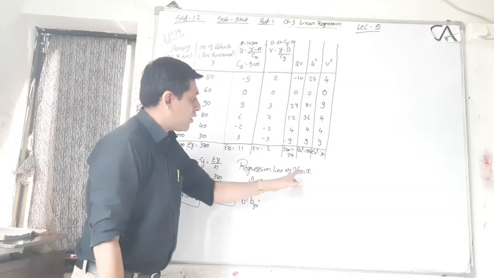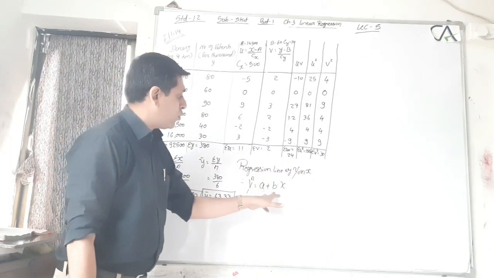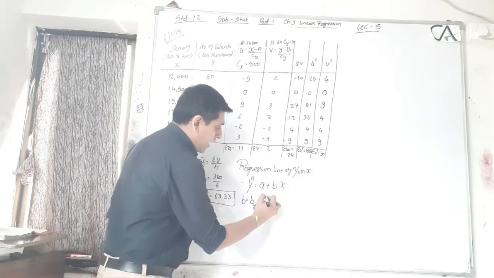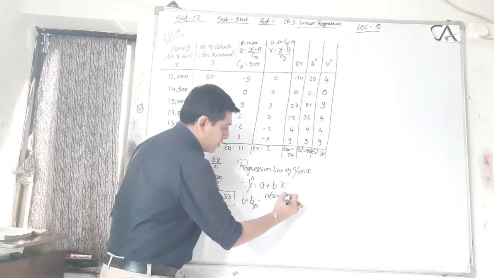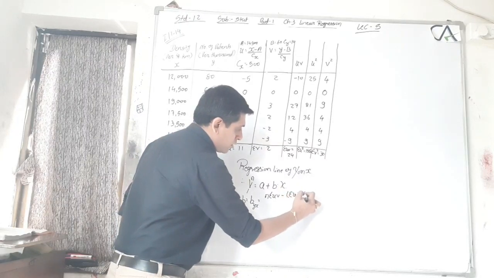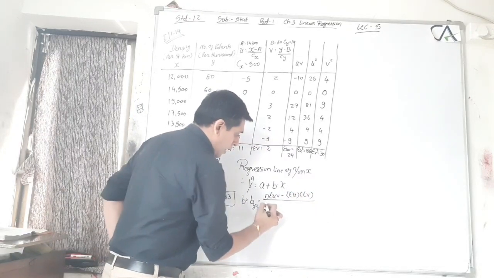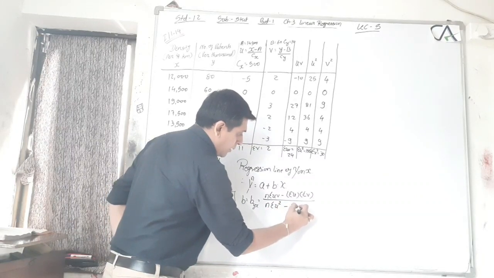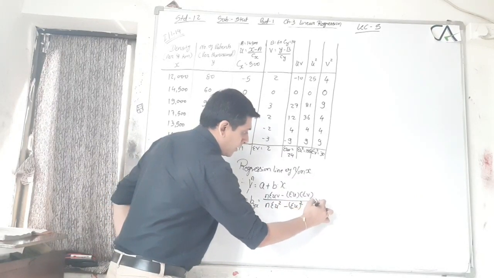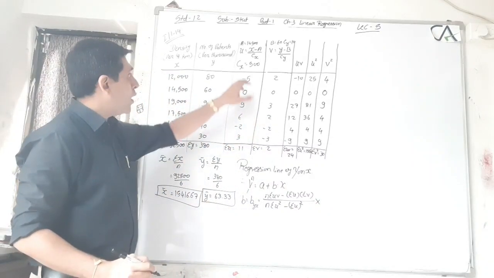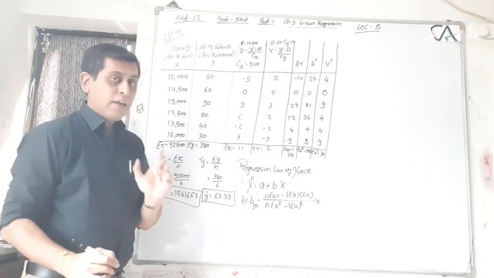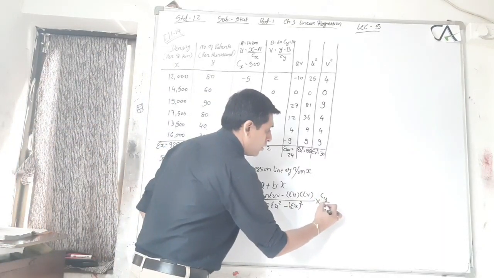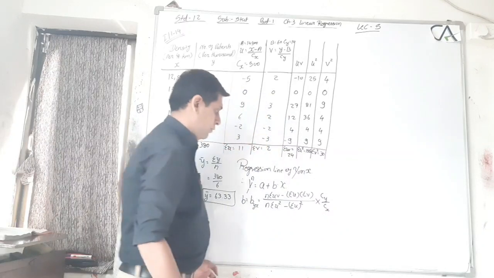That is the regression line of y on x. Y cap is equal to a plus bx, b is equal to byx, and here we have to write n sigma uv minus sigma u sigma v upon n sigma u square minus sigma u whole square, into, here we are taking cx and cy as common, so we have to write cy upon cx, right?